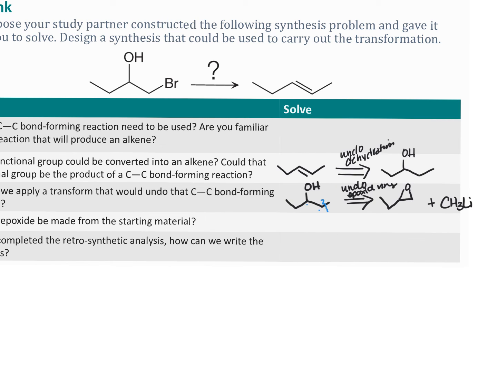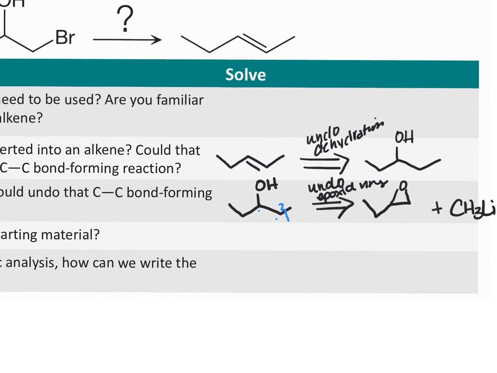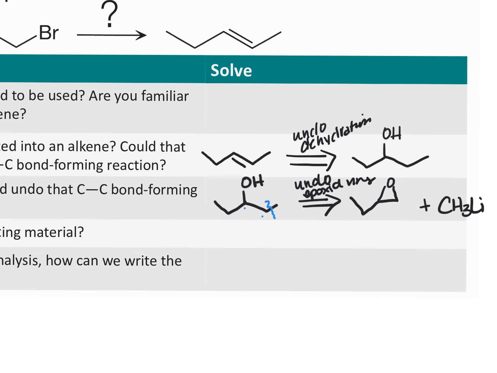And then, that's still not gotten us back to the starting material, but the question we could ask ourselves is, could an epoxide be made from the starting material? And so that epoxide looks like that.